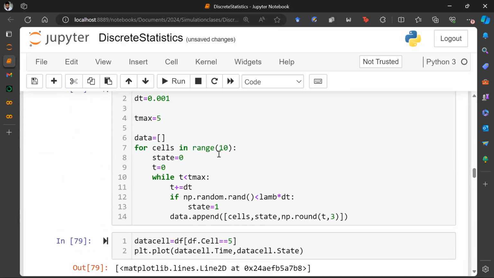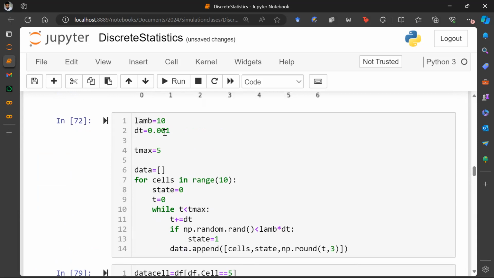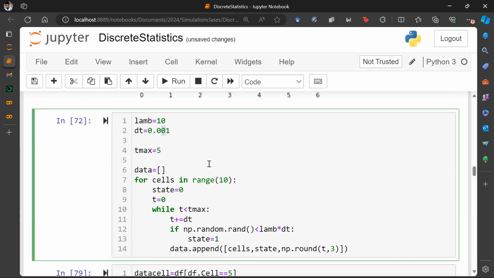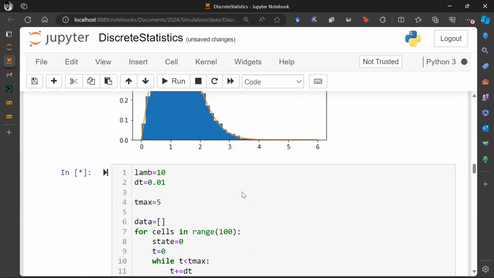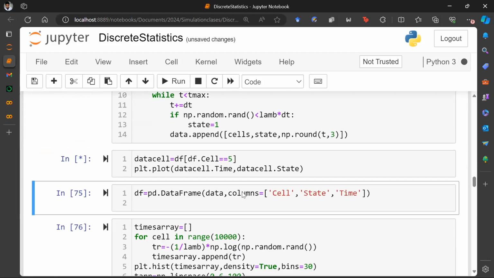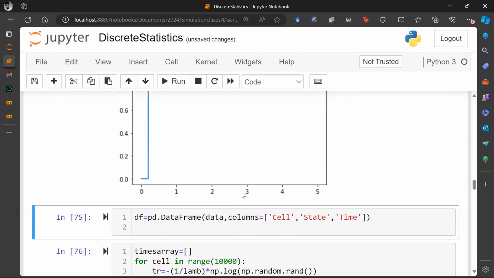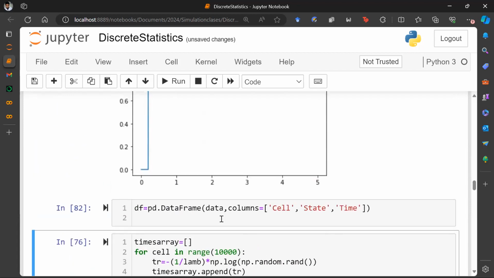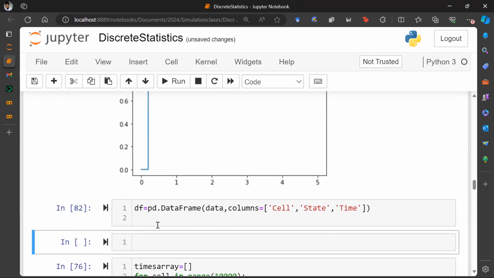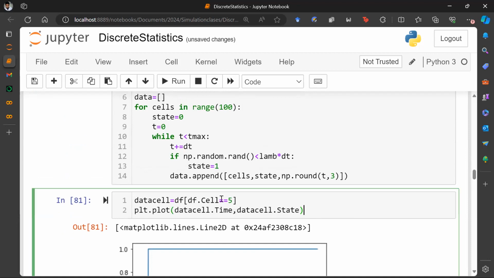And we can do this for, let's make this smaller, 0.01, because I don't want that level of accuracy, and let's do it for 100 cells. So this is the cell 5. We save it as a data frame, and we can plot the first 10 cells.